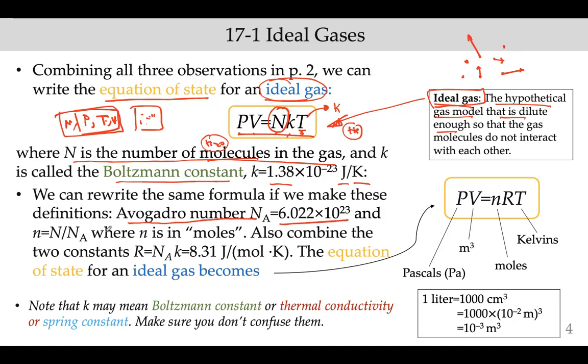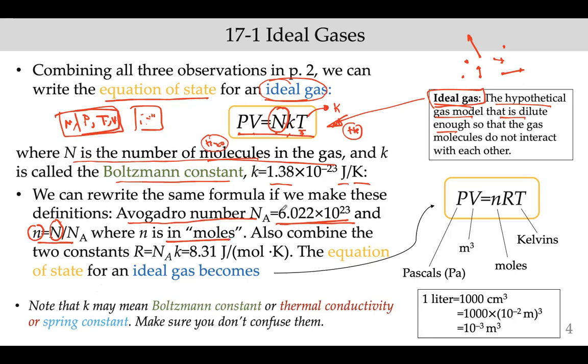And if you also make this definition, where here n is in moles. So let's say you have 1 million particles, so you write 1 million here. And if you divide it by this specific number, what you find is the amount of particles in the container in terms of moles.